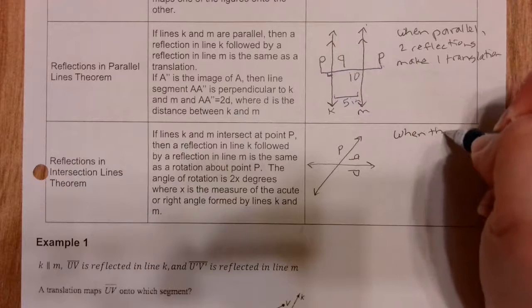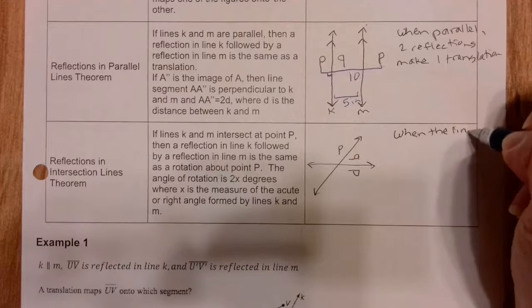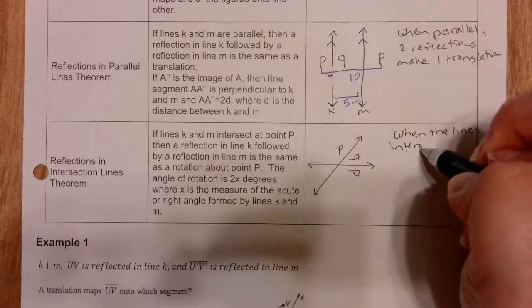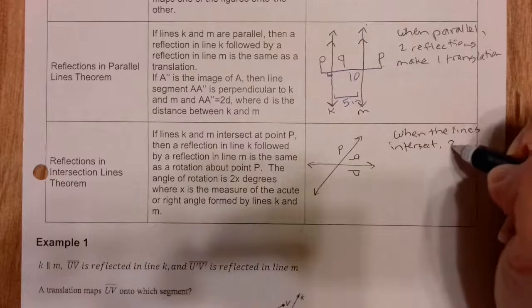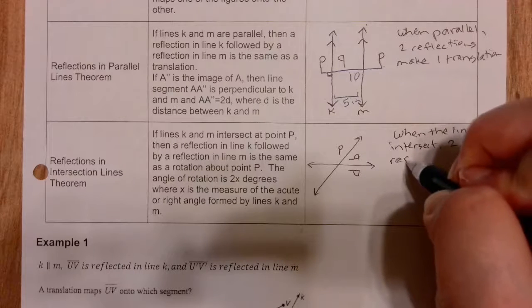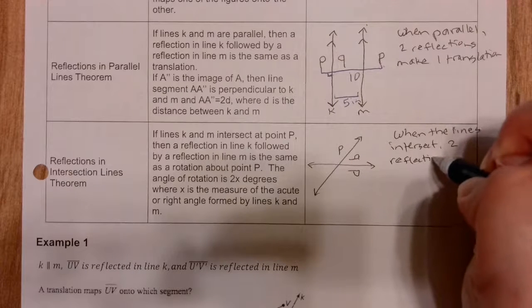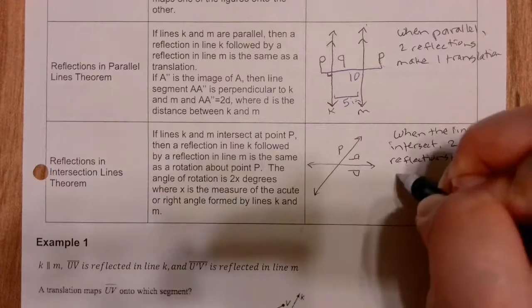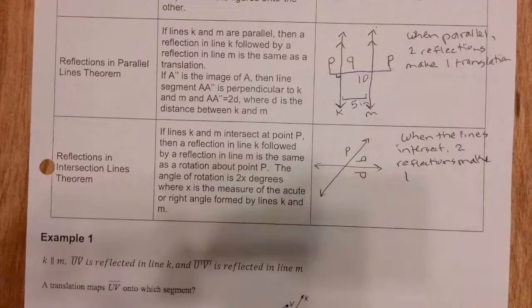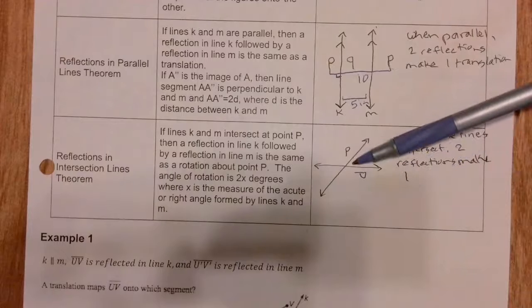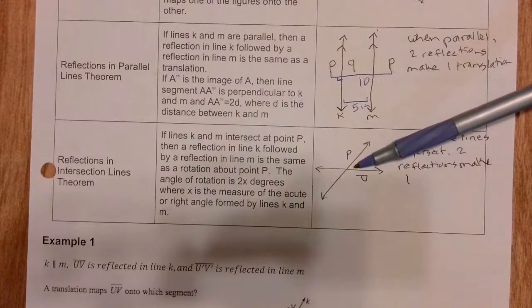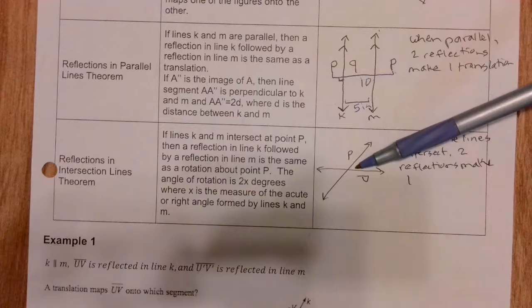So when the lines intersect, two reflections make one what? If I covered up this middle shape, would you think that we had translated, reflected, or rotated?